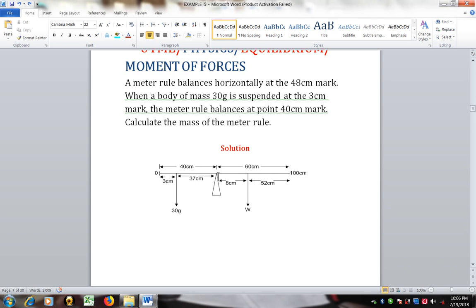So the perpendicular distance between the weight of the meter rule and the fulcrum is 8 centimeter, and the perpendicular distance between the suspended mass of 30 gram and the fulcrum is 37 centimeter.